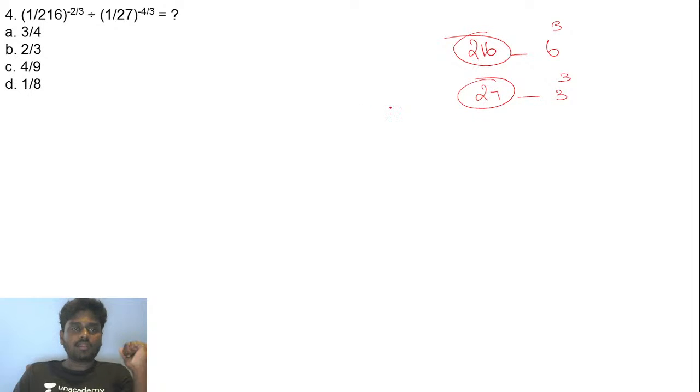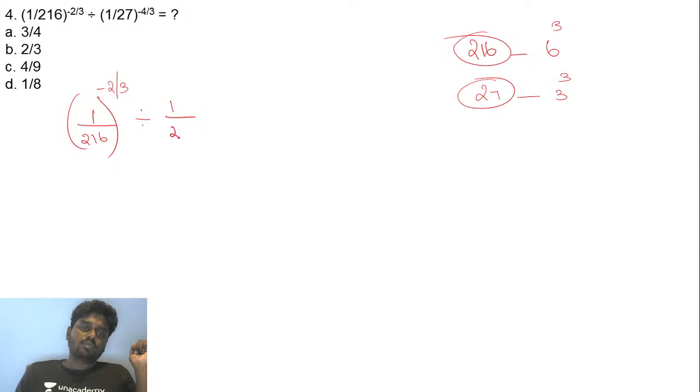Simply substitute in the values, which means 1 by 216, the whole power minus 2 by 3, divided by 1 by 27, the whole power minus 4 by 3. This can be written as, see, 1 by 216, the whole power minus 2 by 3 can be written as 216, the whole power 2 by 3.